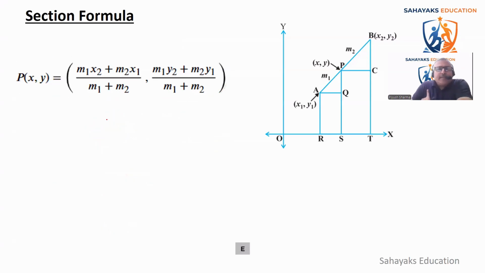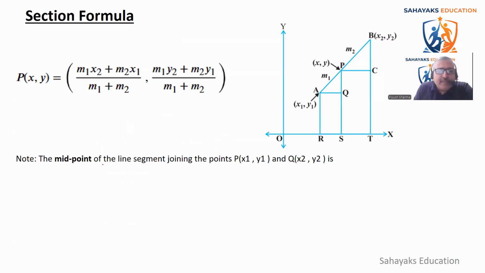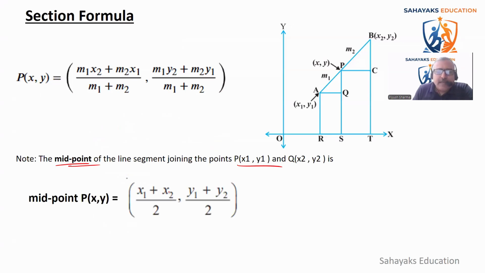Now, see, sometimes I have to find the midpoint. For finding the midpoint of the points P and Q, the formula is much simpler. Why? Because the value of m1 becomes 1 and the value of m2 becomes 1.